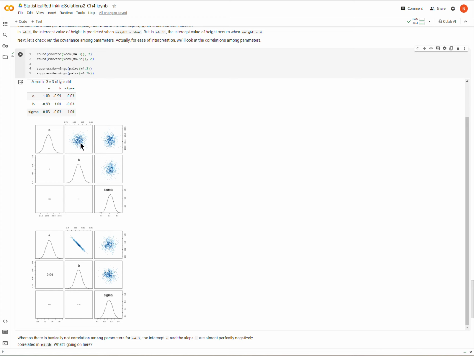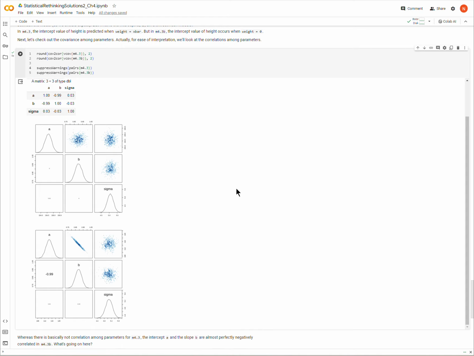Here's the posterior for alpha and beta in model 1, and if we plot in alpha and beta space, there's really no correlation there. But in the modified model, there is a very strong negative correlation between the alpha and the beta parameters.